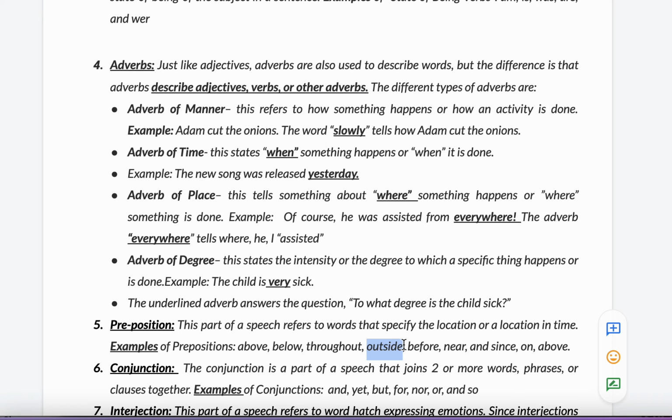Please go outside. Throughout the semester, Ali was on time every single day. Above and since and all these are prepositions that we use to talk about locations.